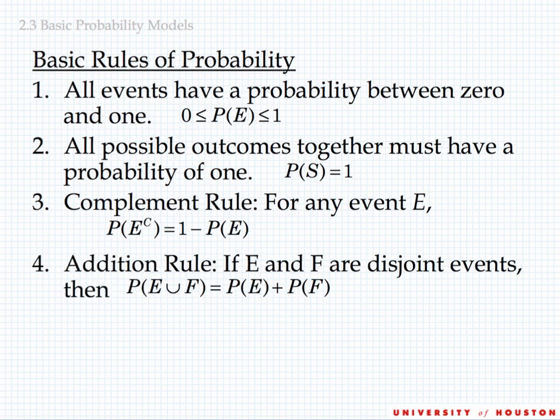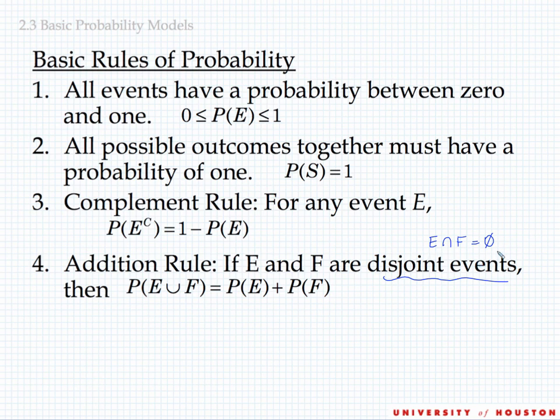The addition rule says if E and F are disjoint events, remember, disjoint events are events such that their intersection is equal to the empty set.